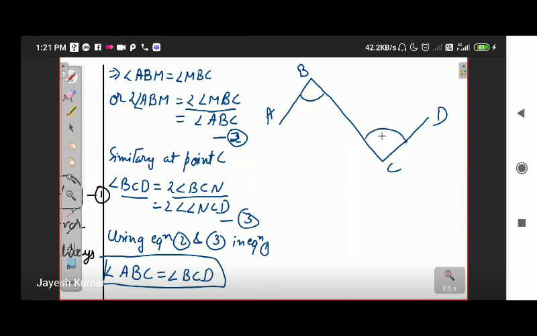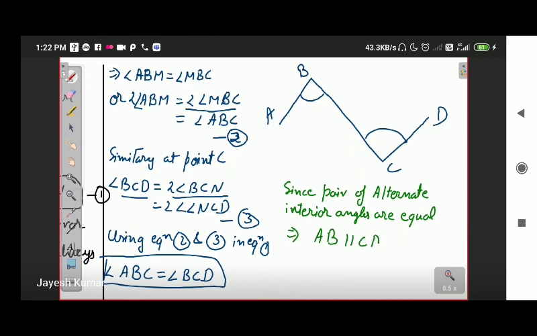Now we can say that since a pair of alternate interior angles are equal, that means line AB is parallel to CD.